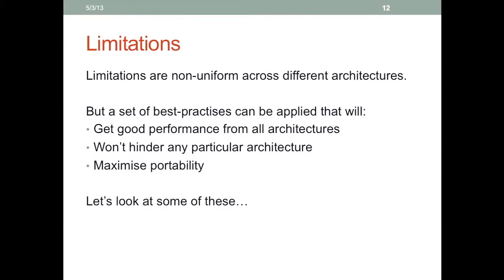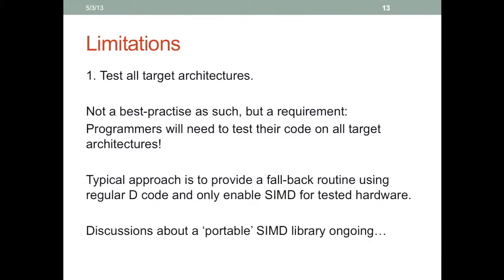It's also important to note that the limitations I will describe are completely non-uniform across different architectures. So what I will try to do is describe a set of best practices that can be applied that should give good performance on as many architectures as possible, and certainly won't hinder any particular architecture. And with a goal of maximum portability, which is important to me and many others. So the first one, this isn't really a best practice as such, but it's a requirement. You need to test your code on every target architecture.